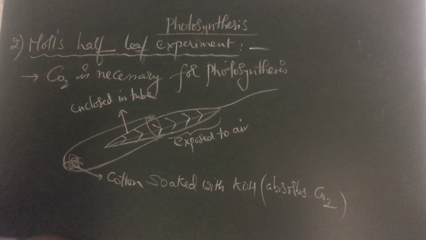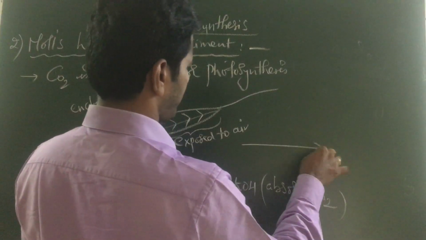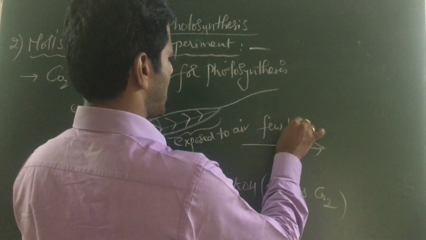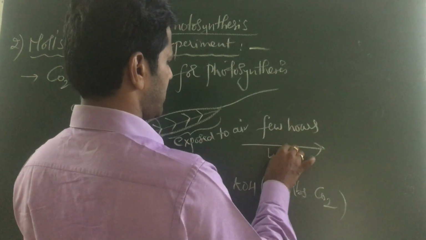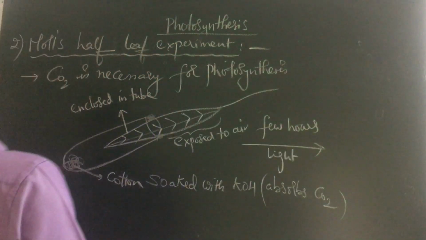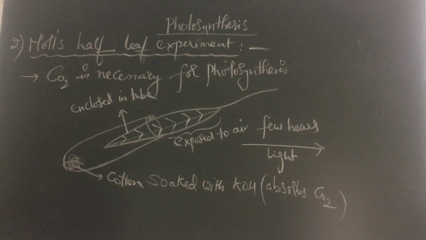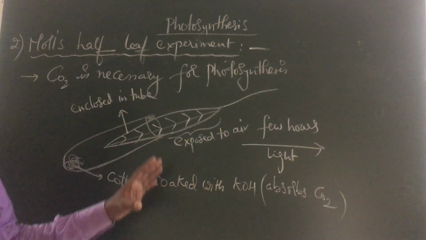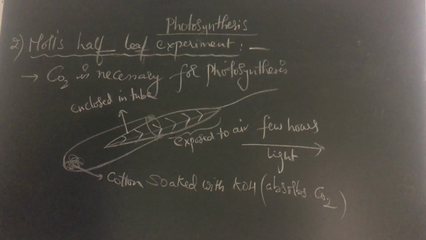Then you keep this for a few hours in light. Expose this for a few hours in light. When you expose this for a few hours in light, then what happens?